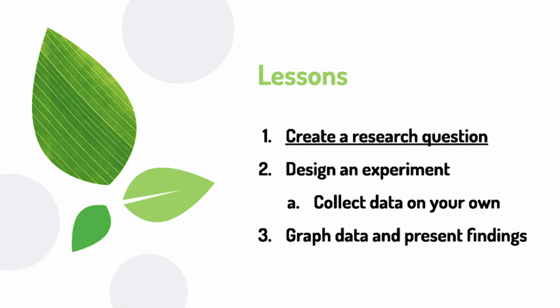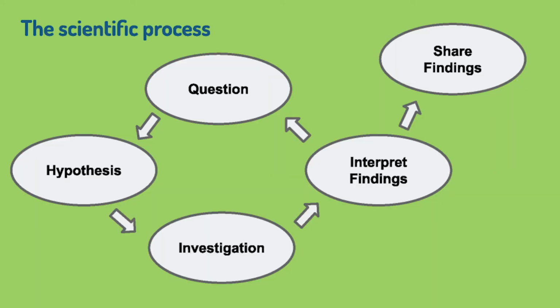To help us understand where things are going, let's take a look at a diagram of the scientific process. The scientific process is a way of exploring the world around us. This often starts with a question, from which we make a hypothesis or prediction.